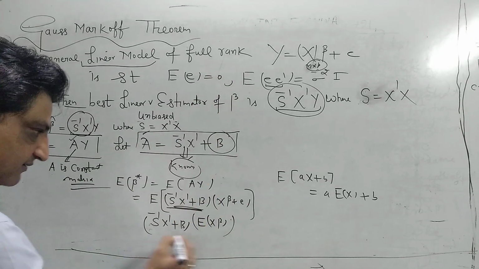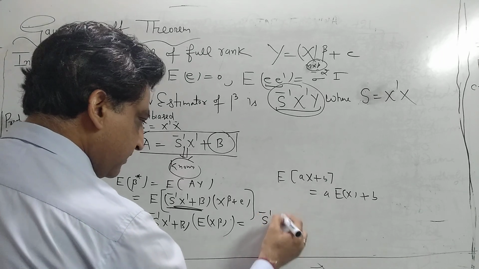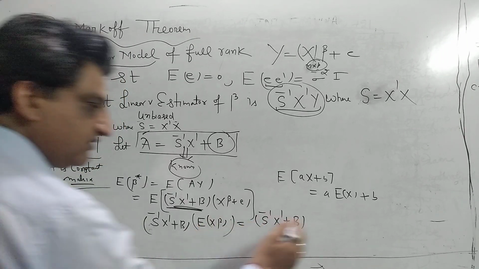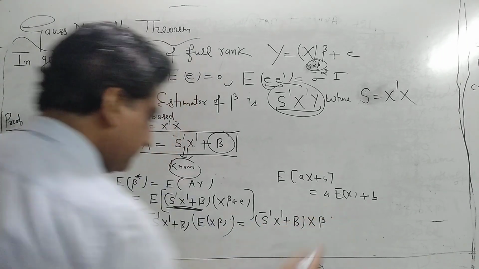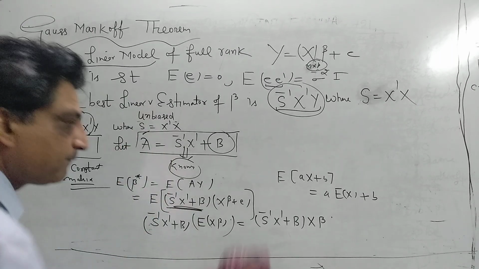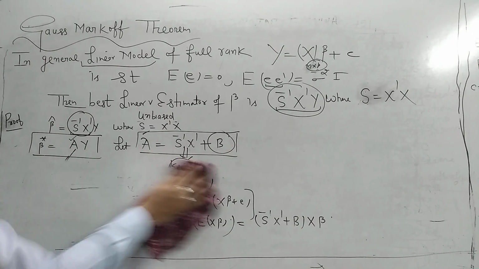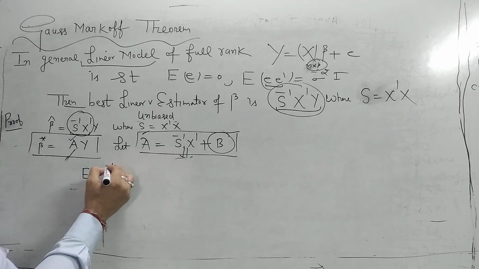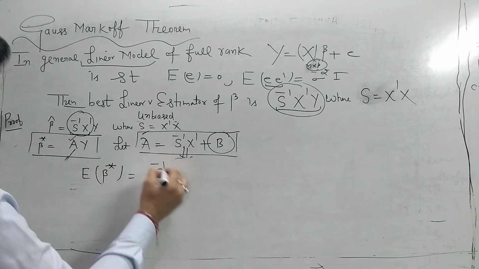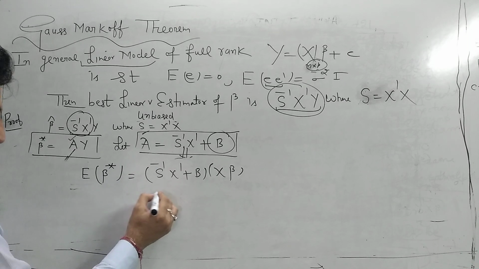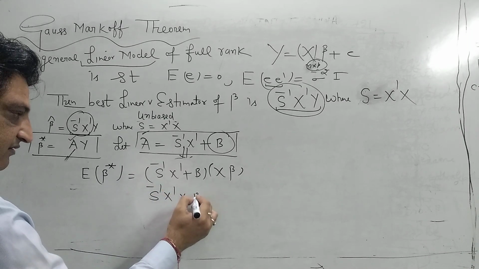So we are left with X, which is also constant, so it will come out, and it is Xβ, and therefore we have proved E of β star is equal to, when we multiply this one, a matrix also.